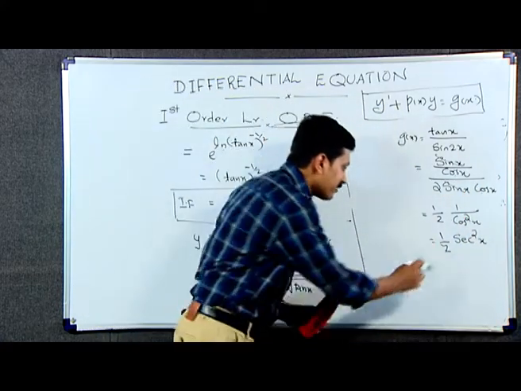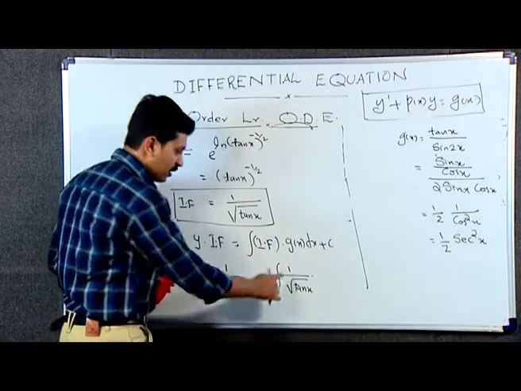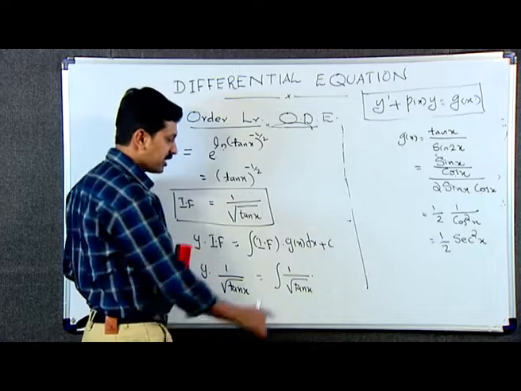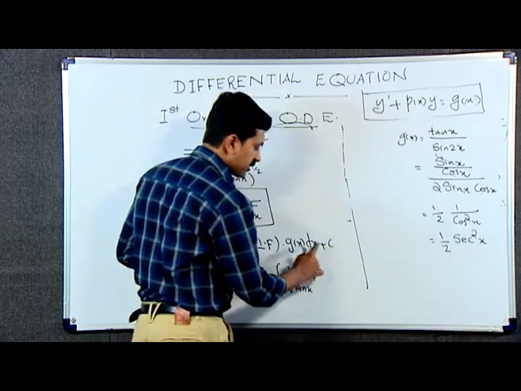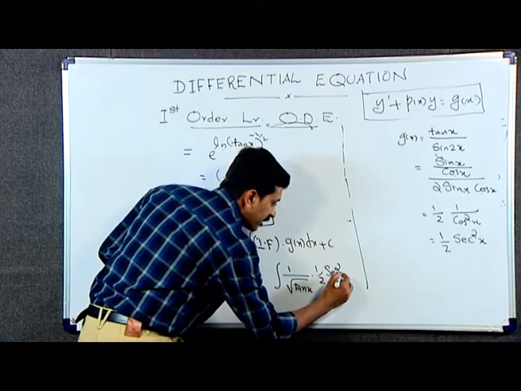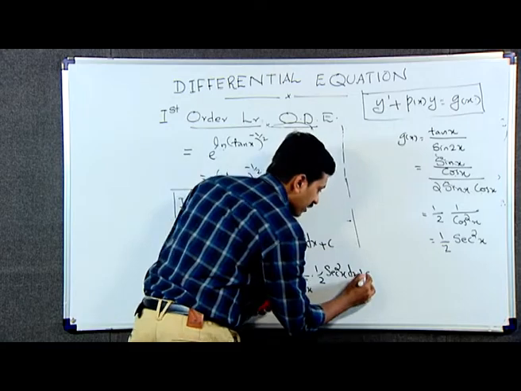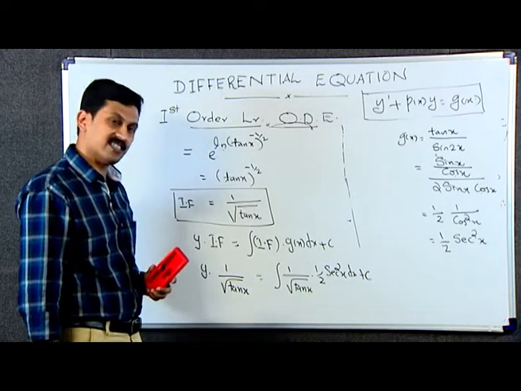So, instead of g of x, we have the integrating factor, 1 by root of tan x, and we replace g of x by 1 by 2 sec square x, dx plus c.